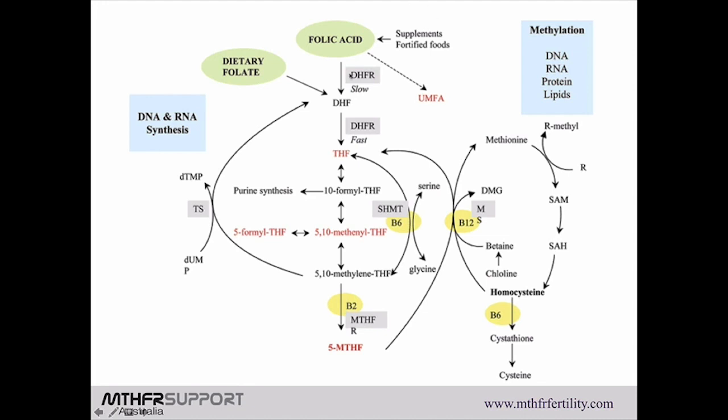So what happens when you have over 200 is you actually inhibit dihydrofolate reductase. And the theory is that unmetabolized folic acid is increased. So if we're slowing down dihydrofolate, it means we've got a block in the pathway. And we cannot then make tetrahydrofolate, and we cannot make 5,10-methylene tetrahydrofolate, which is the step before us making methylfolate.